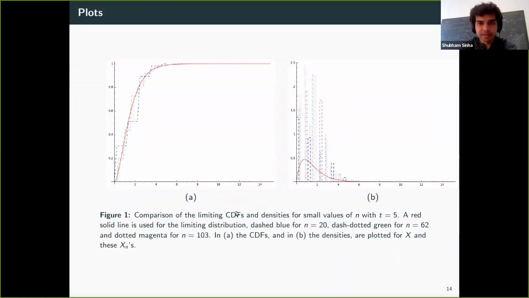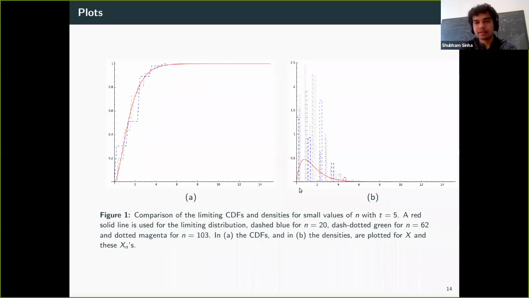So here's the plot for the cumulative distribution function, where you can see that for various n, it converges to the gamma distribution, which is shown in the red line.